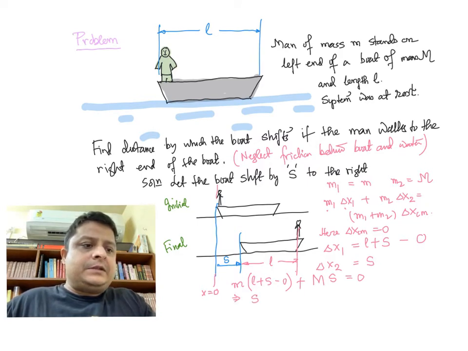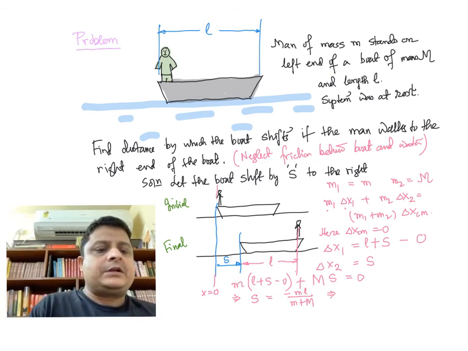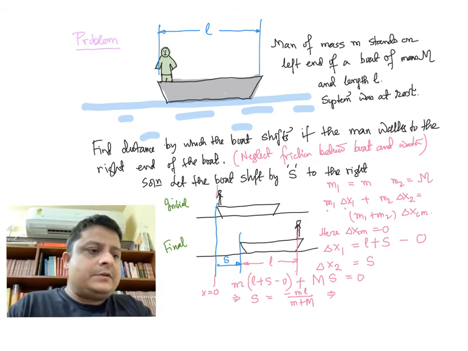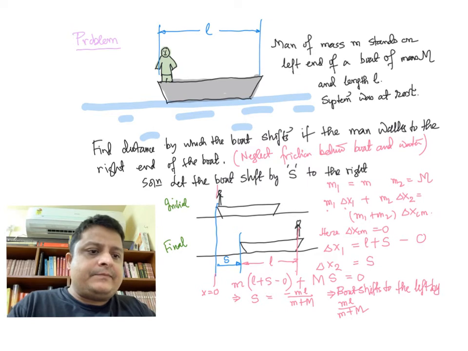It implies S is equal to minus mL by m plus M. So it comes out to be negative. So it implies that the boat shifts to the left by how much distance? mL by small m plus capital M.